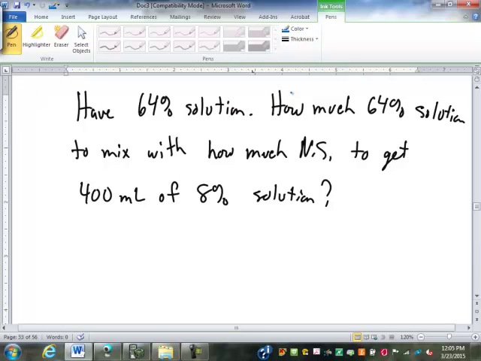So again, we have the 64% solution. So I'm going to let that be my first solution. I'm going to write up my formula. V1 times C1 equals V2 times C2. So the 64% is my first concentration. I don't know that first volume, so I'm looking for V1 as one of the things I need to find.